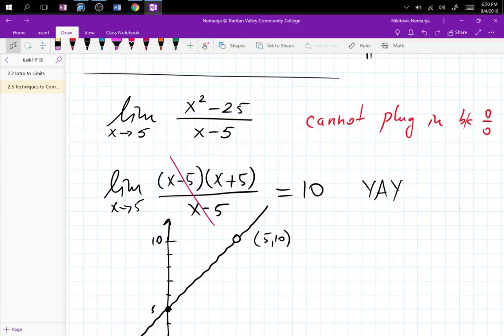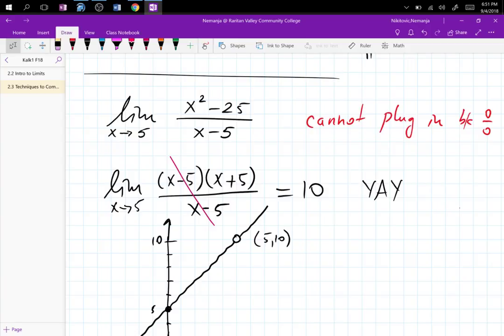If you look at the original function, 5 is not in the domain. The canceled version of this function tells us that the function is just a linear line. So the canceled version gives us the final outcome of the graph, the line that you have to draw. And this over here gives you conditions on what numbers you have to exclude from the domain.